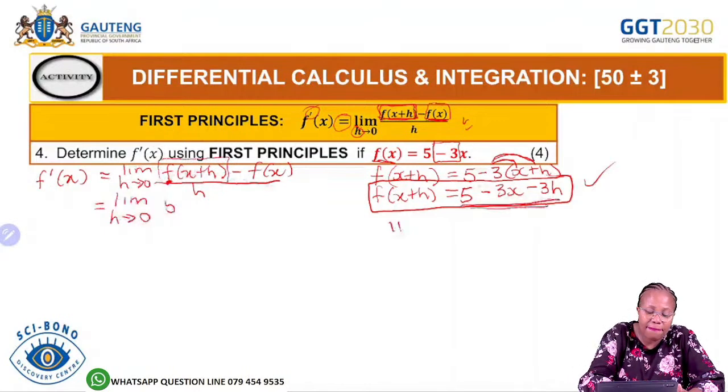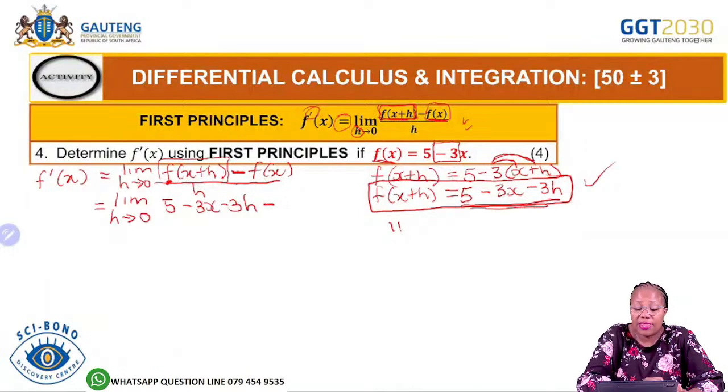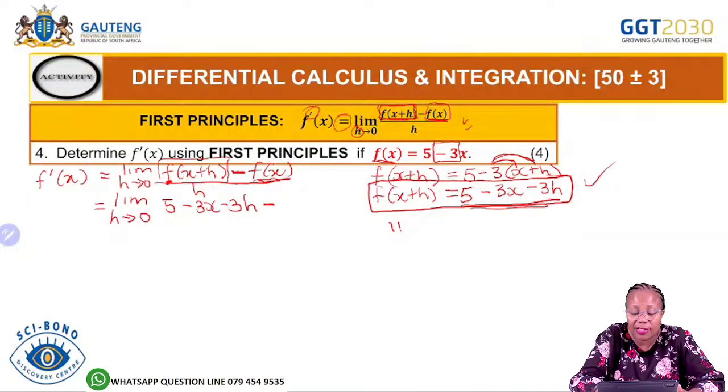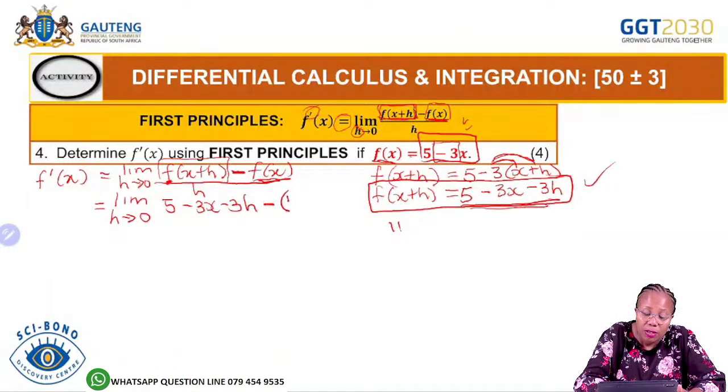That is 5 minus 3x minus 3h. And then it's a minus from the formula there. And then now we put our f at x. So if we look at f at x, it is 2 terms, then we'll put a bracket in order to take care of the negative out there. And then this will be 5 minus 3x there.